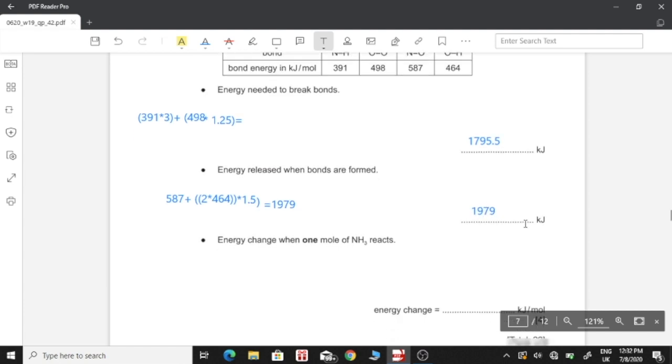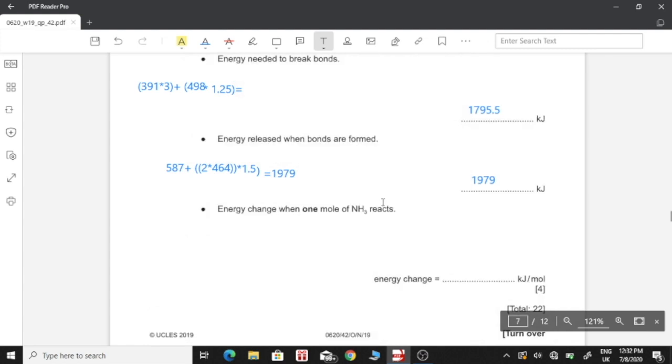Right, energy change when 1 mole of ammonia reacts. So we're going to have to subtract the energy given out from the energy required, which is the energy on the product side subtracted from the energy on the reactant side.